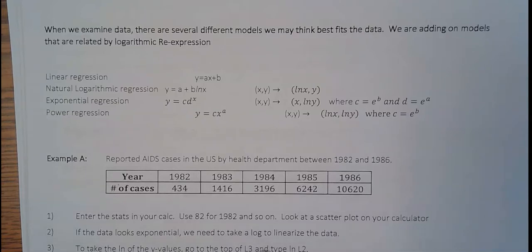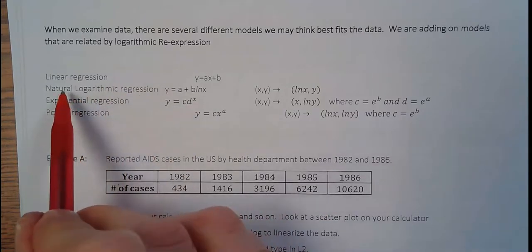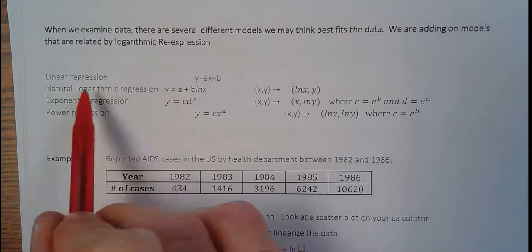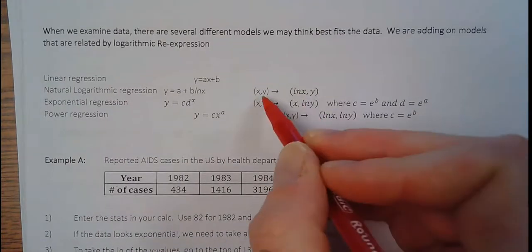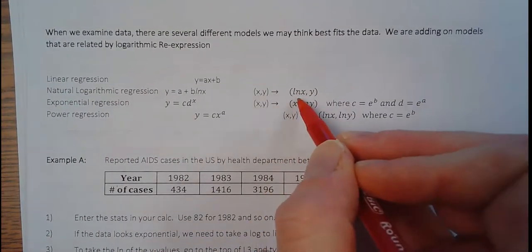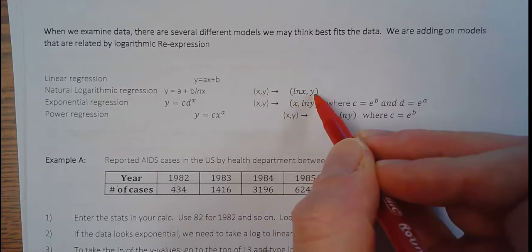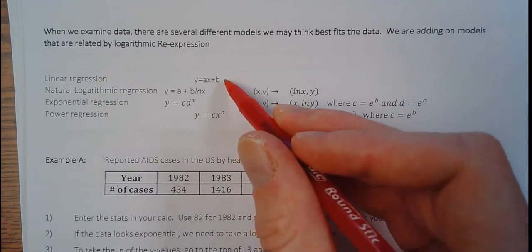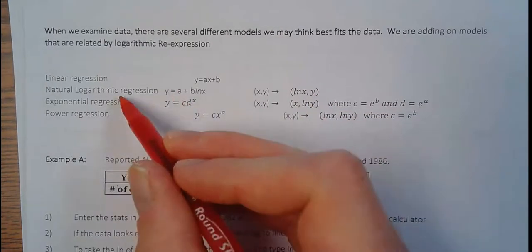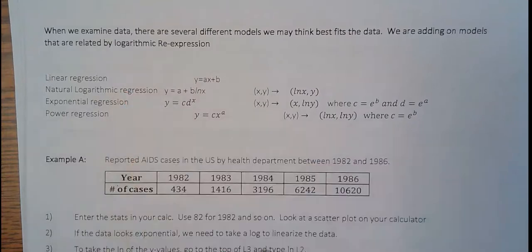But we do notice that if you have logarithmic regression, and specifically natural log regression, if you take the x's and y's, take the natural log of the x's and compare that to the y's, if those dots are very linear and it has a very high R value, that means the original data was logarithmic.